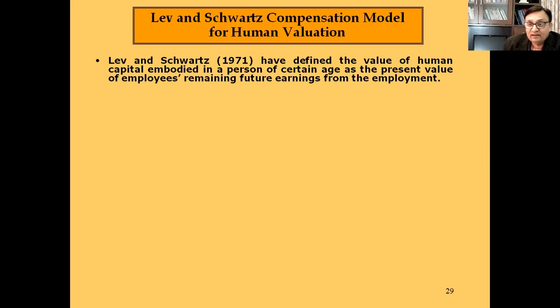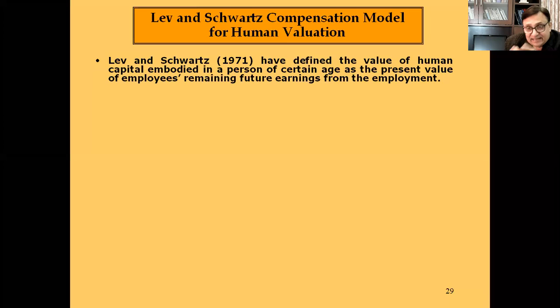For example, if I have joined as an assistant professor in the organization, definitely I am going to get different kinds of salaries at various positions. And it is expected that I am going to provide value to the organization. As an assistant professor in future, how much salary am I going to get? As an associate professor, I am going to get some salaries. What is the present worth of that?